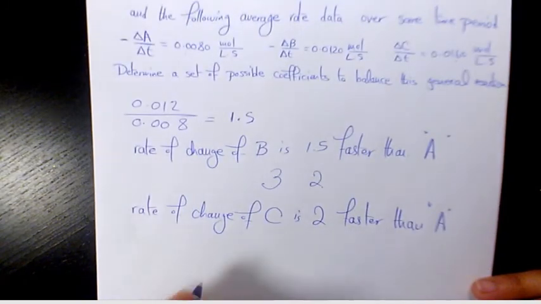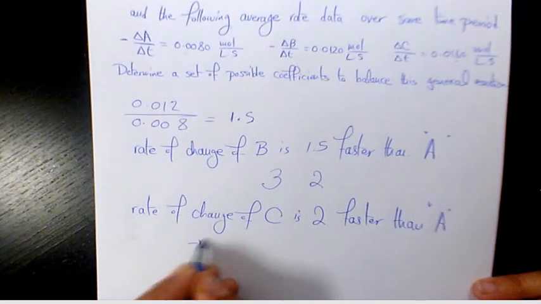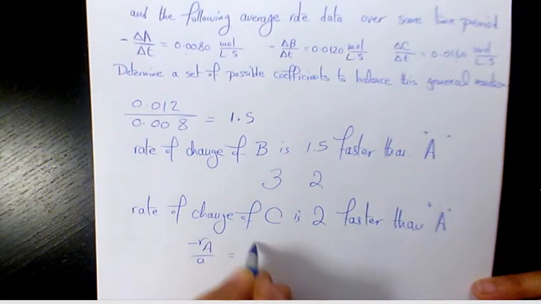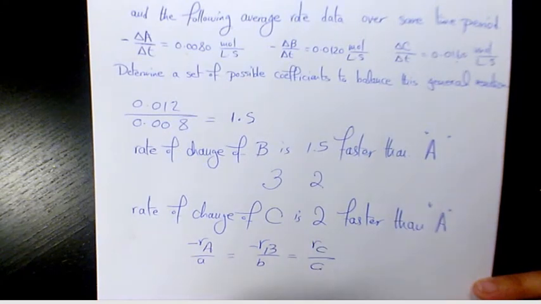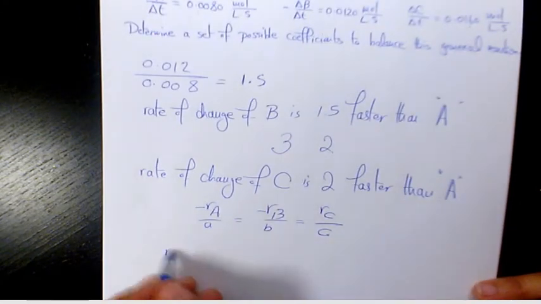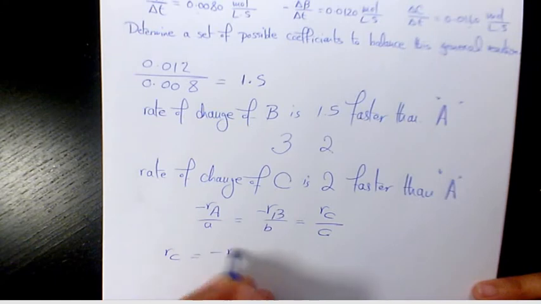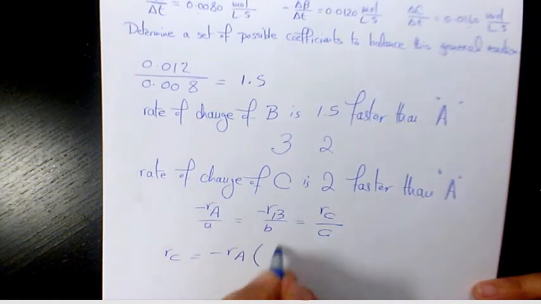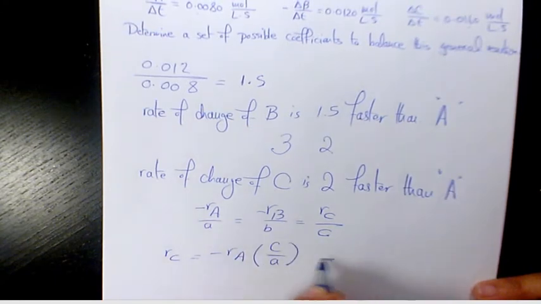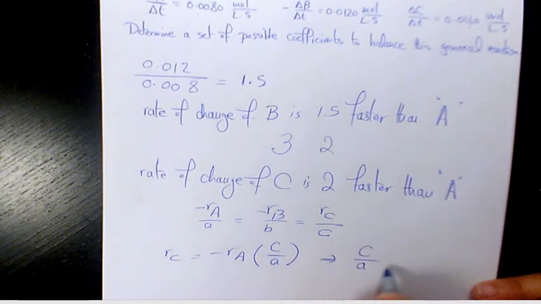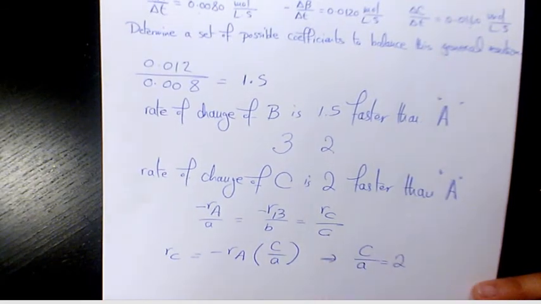So we can say we have negative RA over a, negative RB over b, and RC over c. So you can say RC equals negative RA times c over a. It means that c over a is 2.